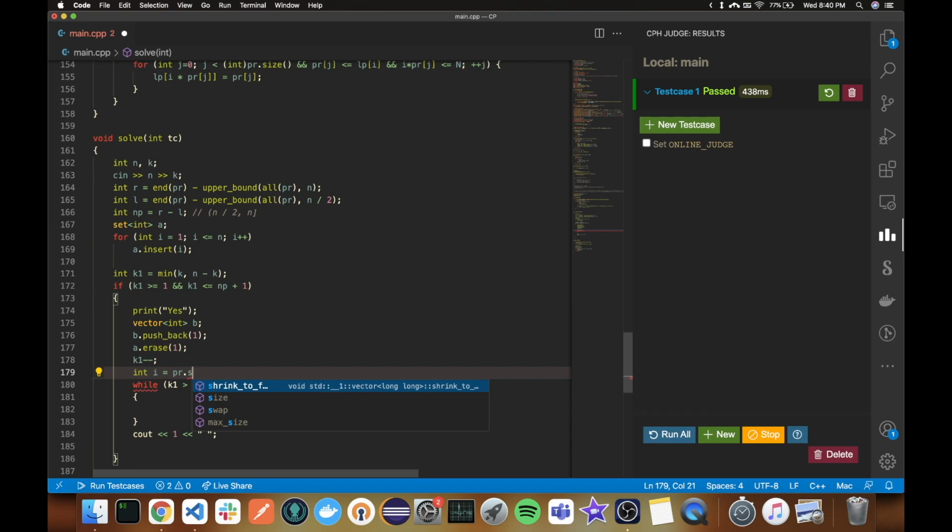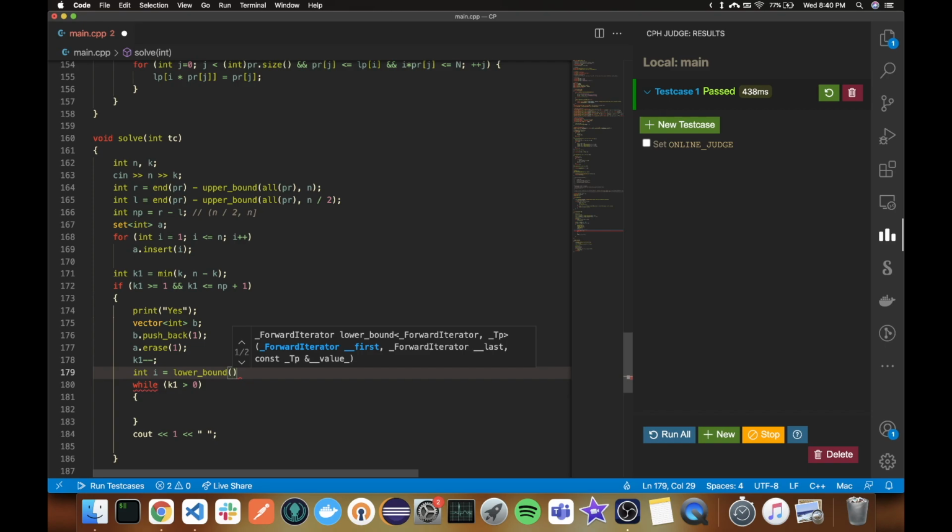How is it? How do I do it? So i is equal to lower bound. I have to do it again.